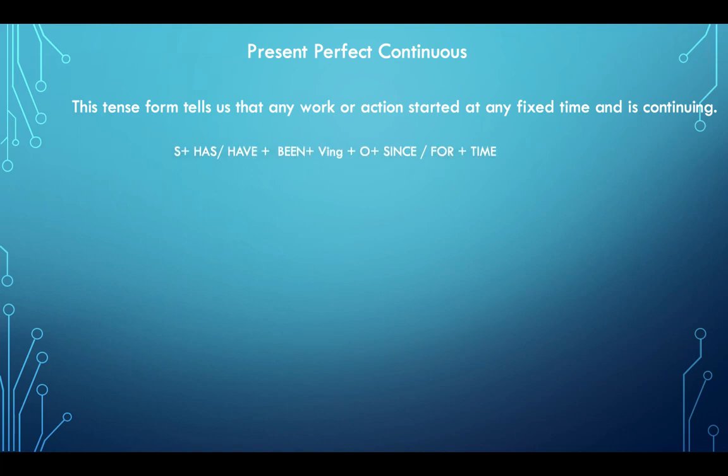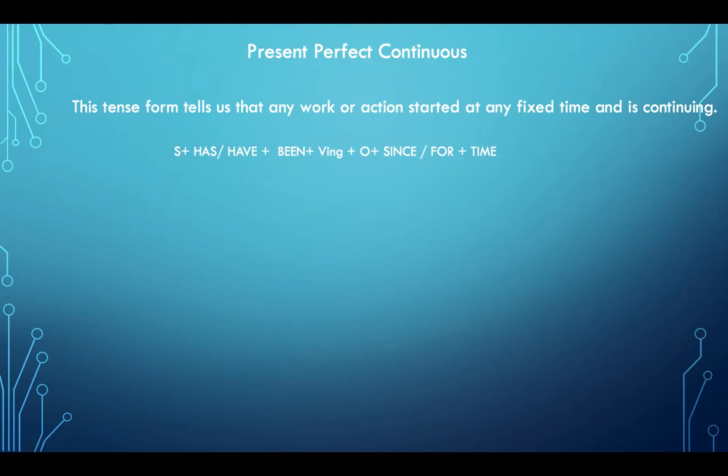Okay, fine. So let's take the formula of it, how it is moving. Subject plus has, have plus been plus verb ing. Been, okay. Have been, has been, you have to add to show that perfect form.